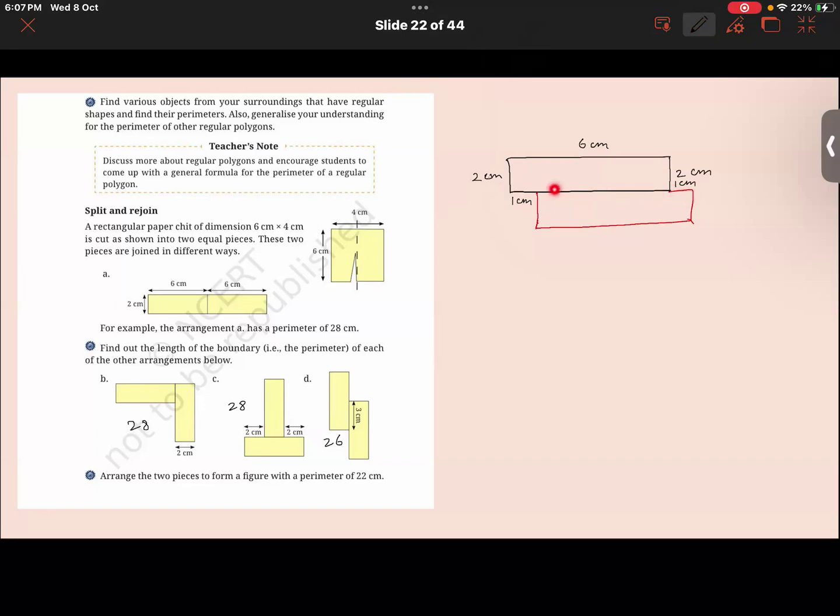Now, this is 6 centimeter, that is 2, and that is also, I'm writing it here, 2 centimeter. Now let's see whether we are getting 22 centimeter or not. So let's add it. From here we're adding 2 plus 6 plus 2, then plus 1 plus 2 plus 1 plus 2 plus 6. 8 plus 2 is 10, 11, 13, 14, 14 plus 2 is 16, 16 plus 6 how much?